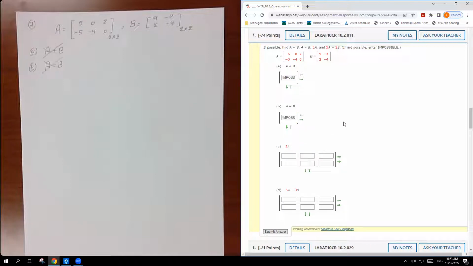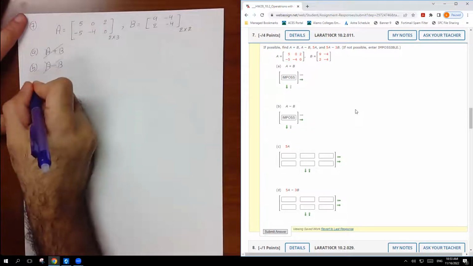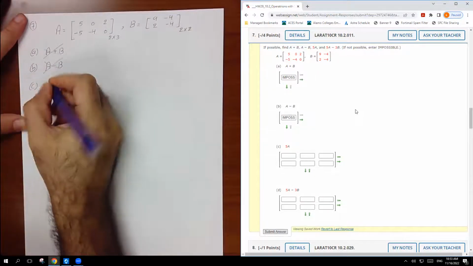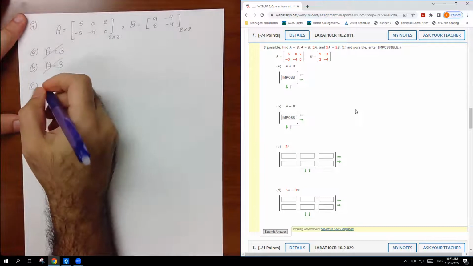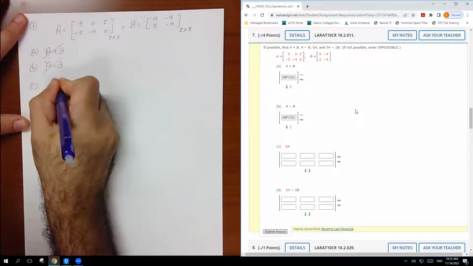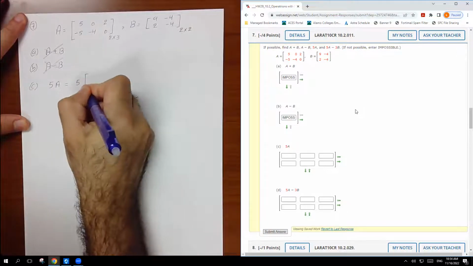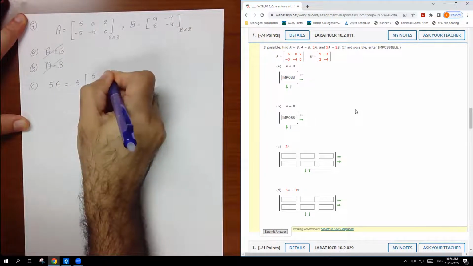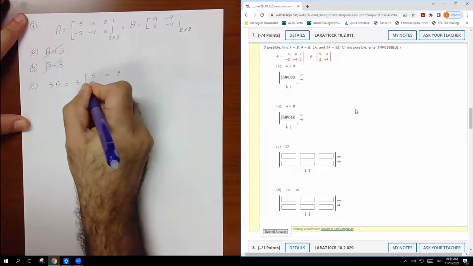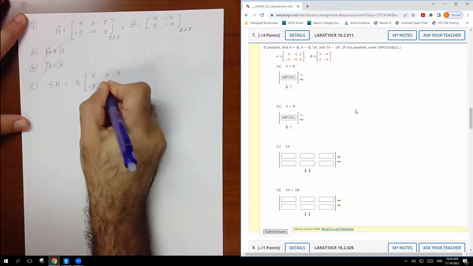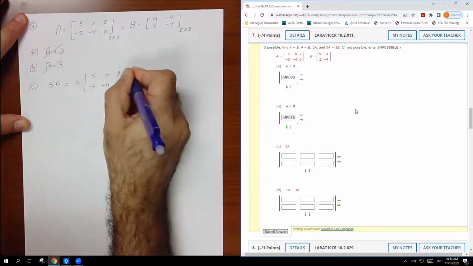Okay. For C, it's multiplied by a scalar. So we have 5 times A. We can do that because a scalar is a real number times the matrix A, which is 5, 0, 2, -5, -4, 0.